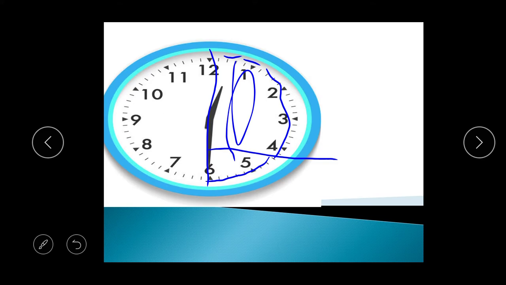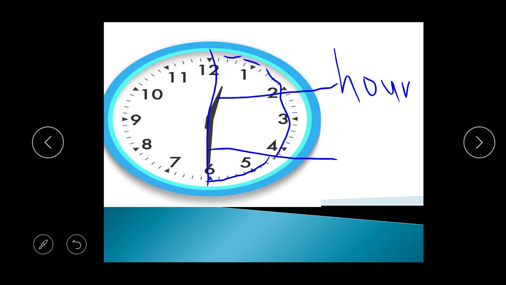Good. Half past what? Let's see. We said it is half past the hour. Which hour? Remember that this short hand is the hour hand, while the long hand is the minute hand. So we know that if the long hand is on 6, it is half past. Half past which hour?